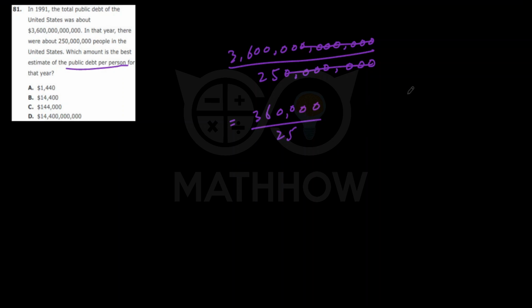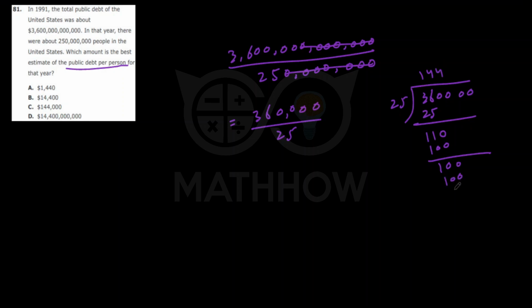Since calculators are not allowed in SHSAT, you need to do long division. 25 fours are 100, right?